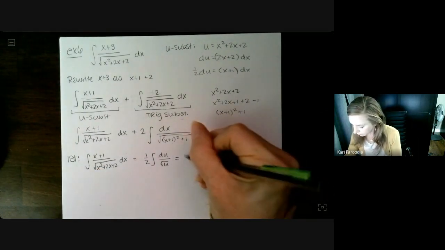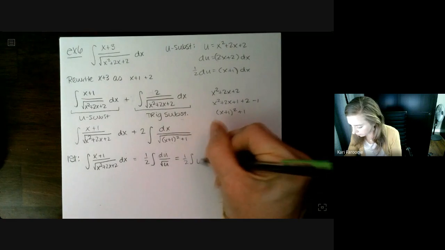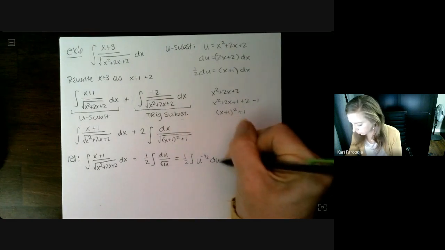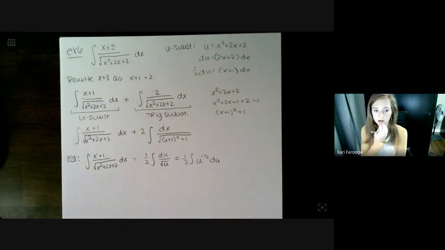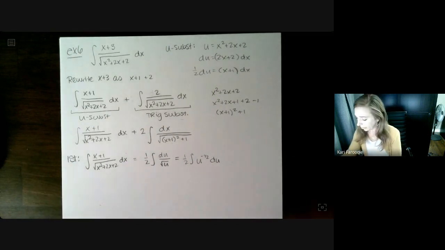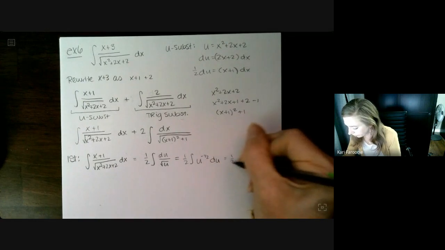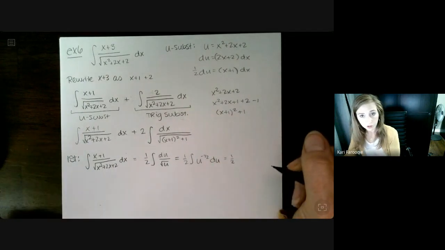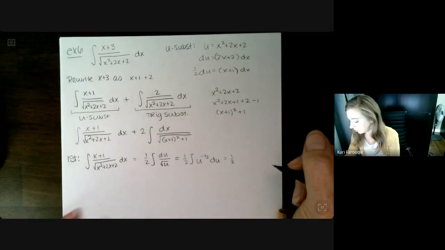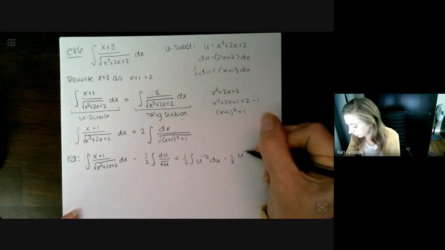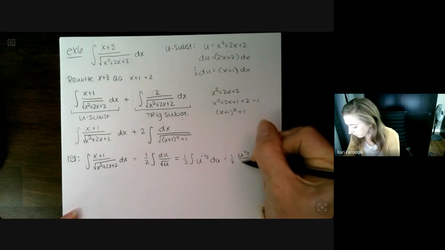And in Calc 1, when you saw these, you rewrote them, for instance, as u to the negative 1/2 du. The square root gives you the 1/2 power, and because it's in the denominator, it's negative 1/2. You're going to add 1 to the exponent and divide by the new exponent. So when you add 1, you get up to u to the positive 1/2.